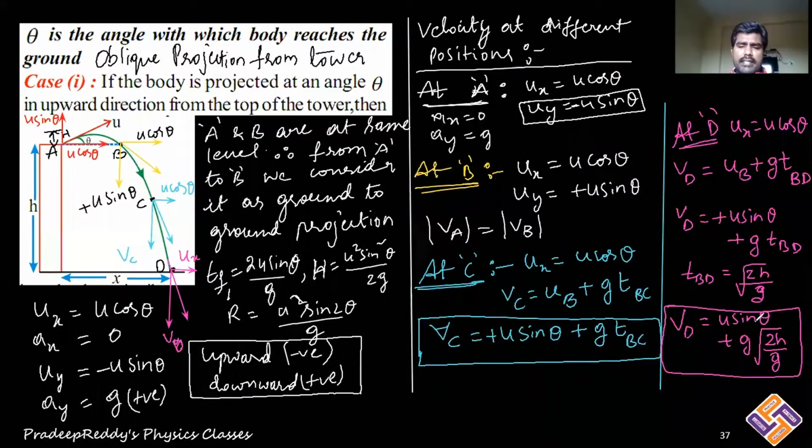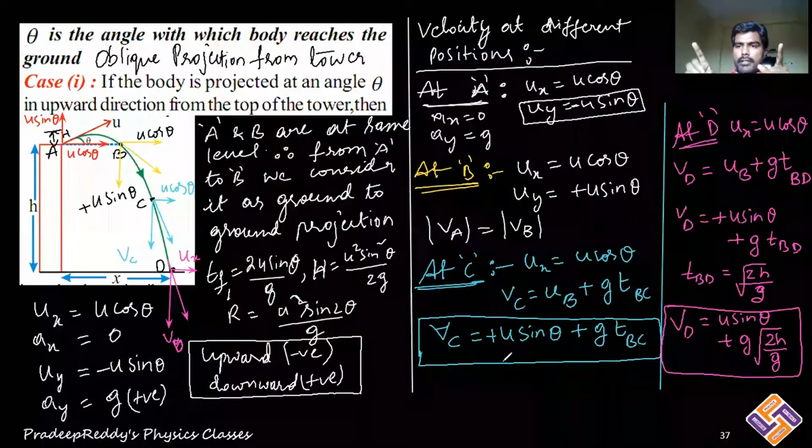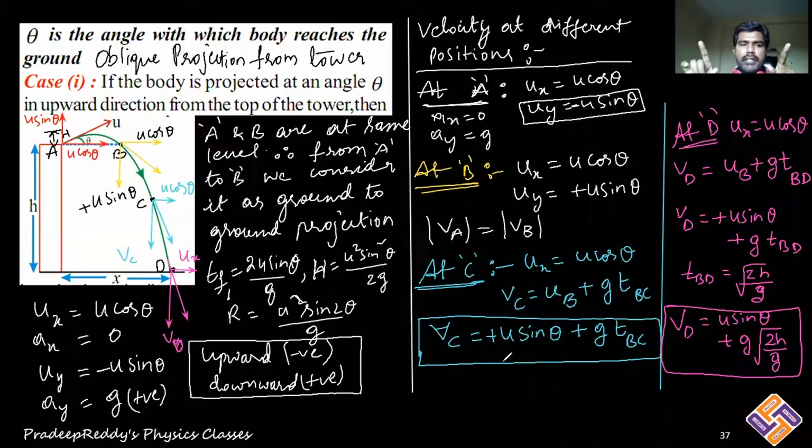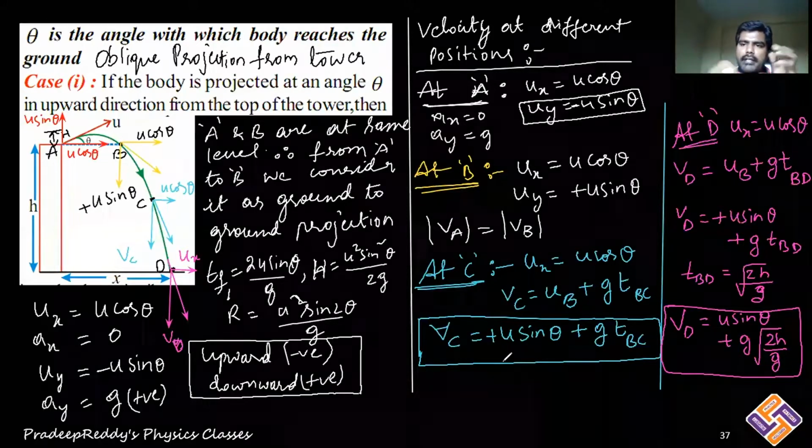Clearly you can understand in this case, when the body is coming down, vertical velocity magnitude increases, horizontal velocity magnitude remains same. Vertical velocity magnitude increases because there is gravitational pull which always pulls the body in downward direction.